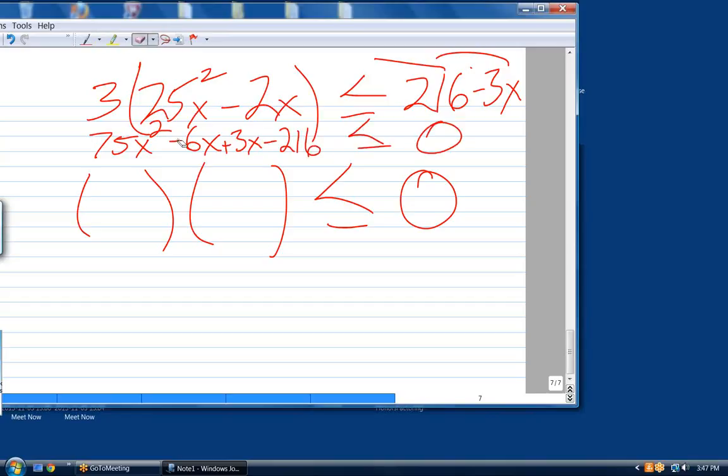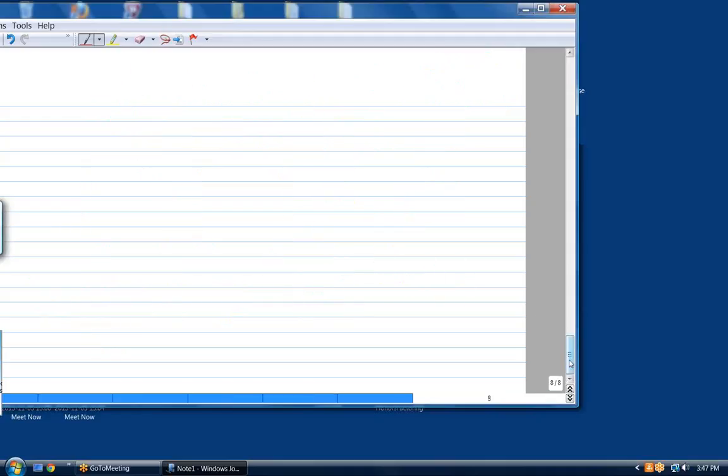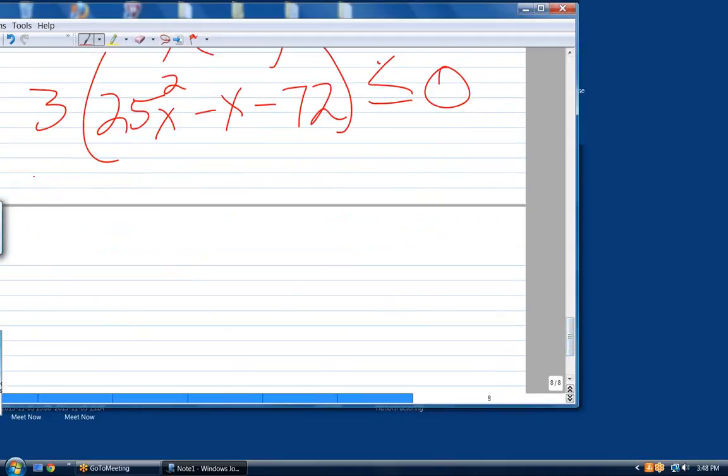This turns into a minus 3x. Can I divide 3 into all of that? Yes. So I got 3 times 25x squared minus x minus 72 less than or equal to 0. And factor this for me.